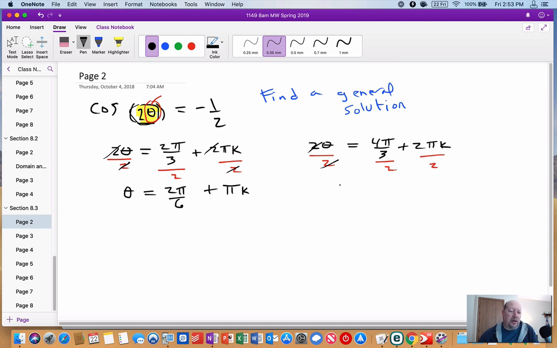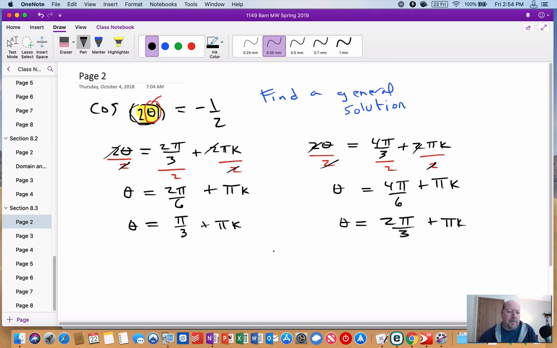Same thing's going on over here: theta equals 4 pi over 6 plus, and then our 2's cancel, pi k. We have a little bit more simplifying to do because 2 pi over 6 and 4 pi over 6 simplify. So this would be theta equals pi over 3 plus pi k, and this would be 2 pi over 3 plus pi k, where k is any integer.